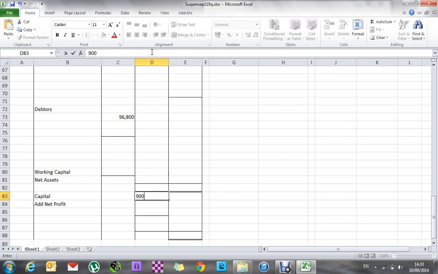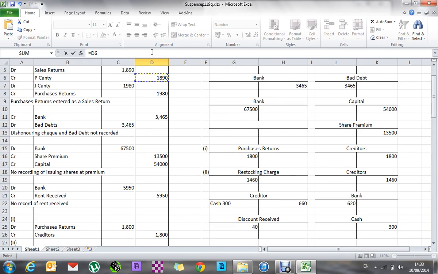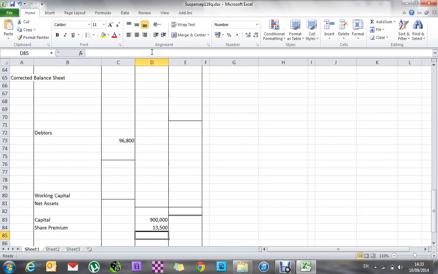900,000 capital, and then we had share premium. This is the extra money that people are willing to pay to become owners in this business. And the share premium, now where is that? That's when we sold the shares, it was way up. So share premium, people paid 13.5, so that's added in there. And then we're going to add our profit.